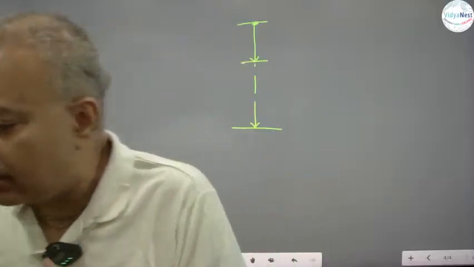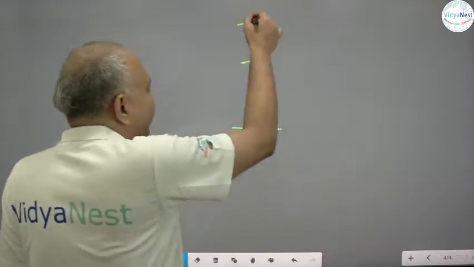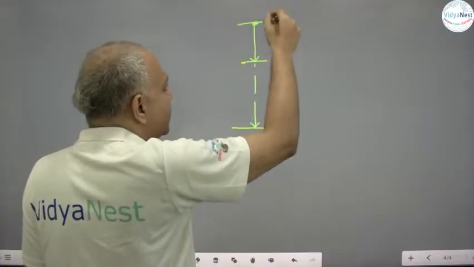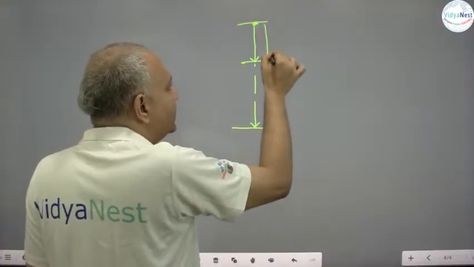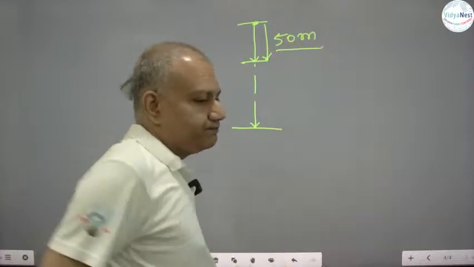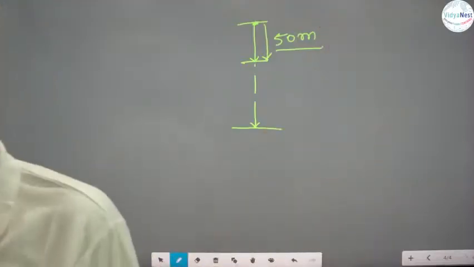Now let us do a numerical from here. Let us think that the parachuter jumped from a position and has fallen without friction 50 meter. Free fall, it is 50 meter.